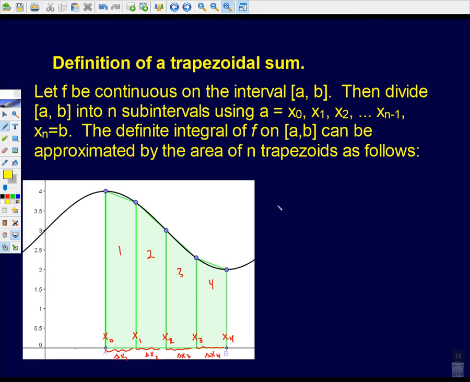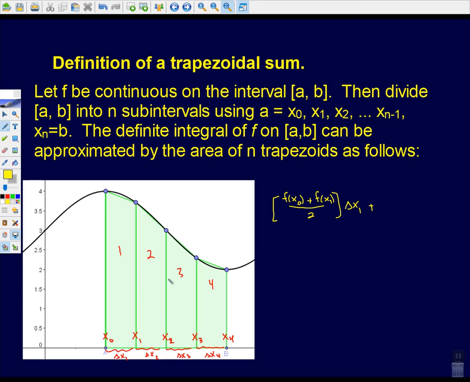So the area of number 1 would be the average height of it, which is the function value at both x0 and x1. So I'm going to be adding f of x0 plus f of x1 divided by 2, and that will be multiplied by the width of that trapezoid, delta x1.